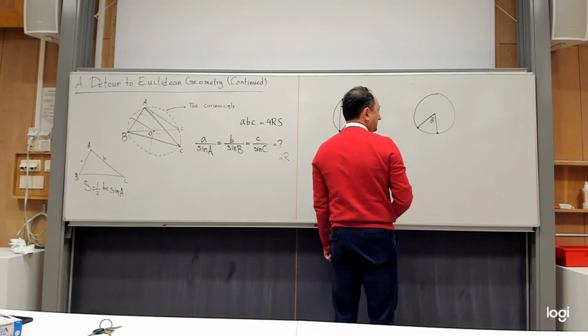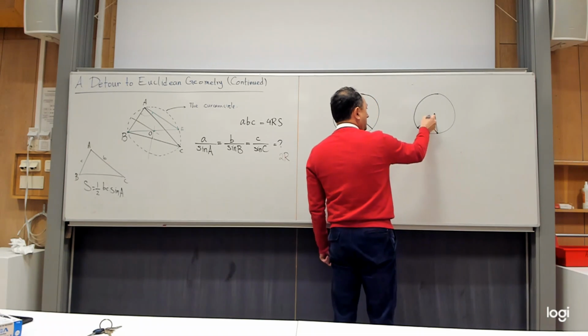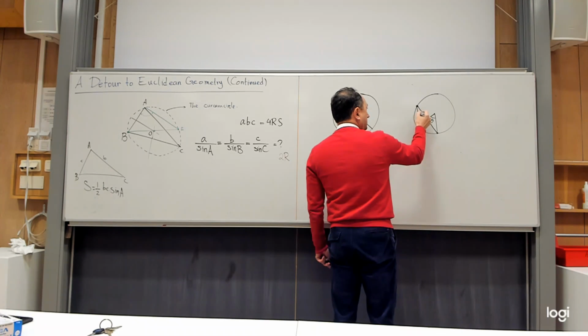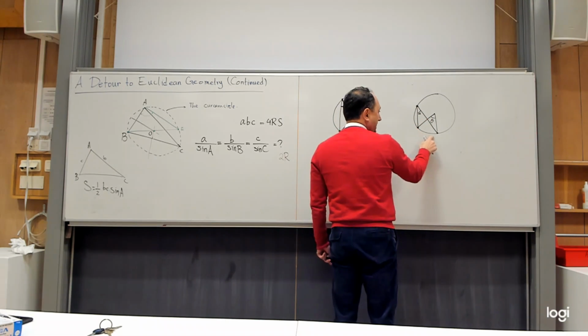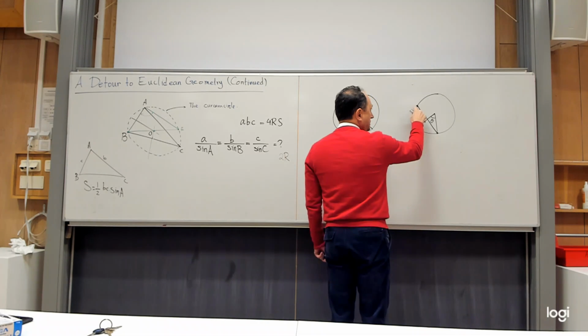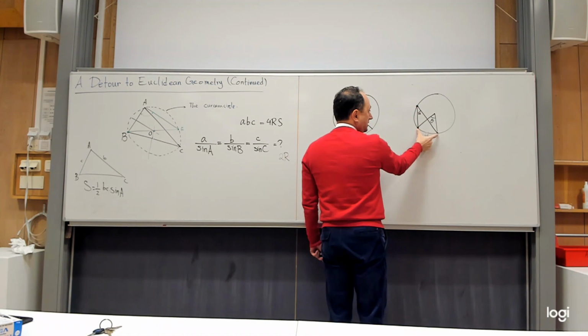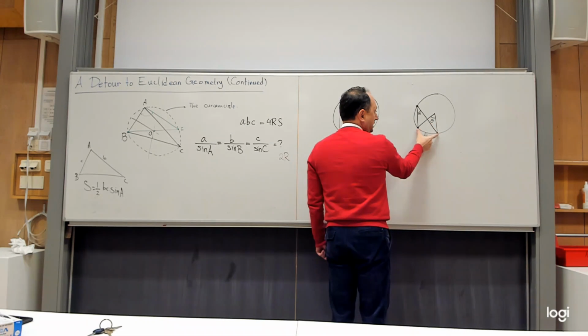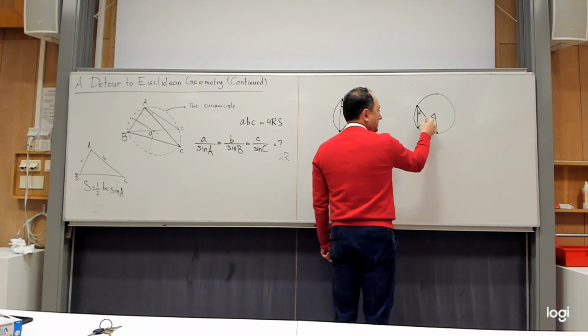Then let me take another angle, an inscribed angle, but subtending the same arc. So this is an inscribed angle subtending this arc, and this is the central angle subtending the same arc. There was a very nice relation between the sizes of these two angles.